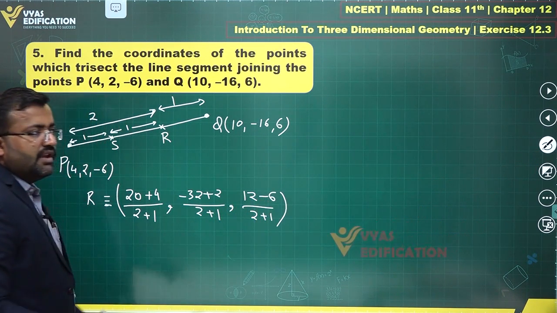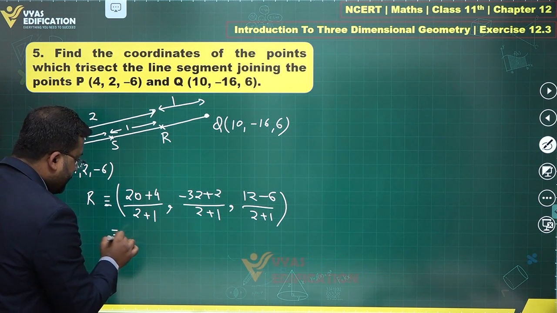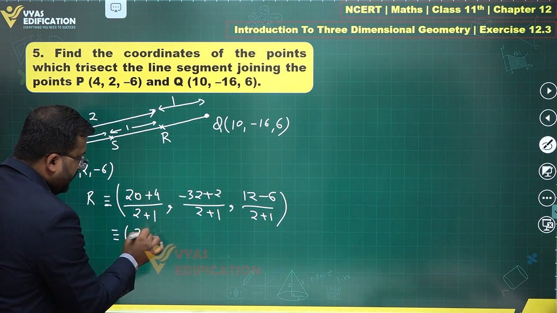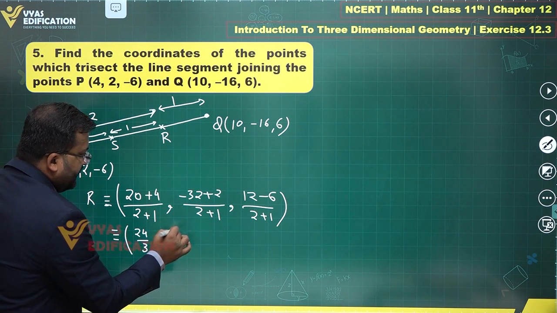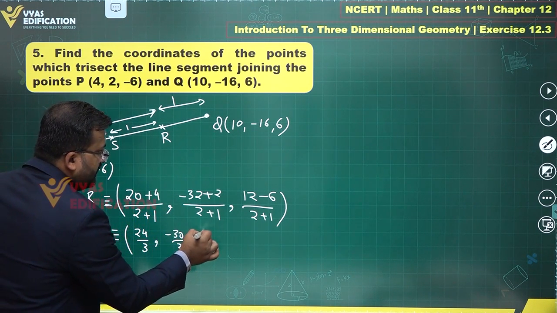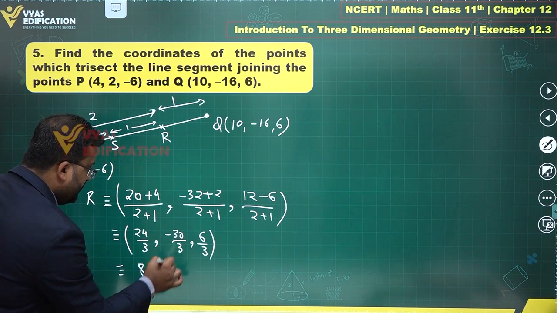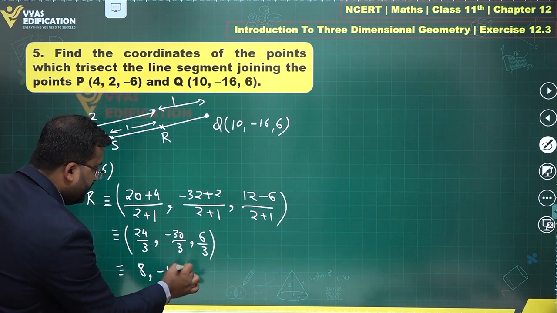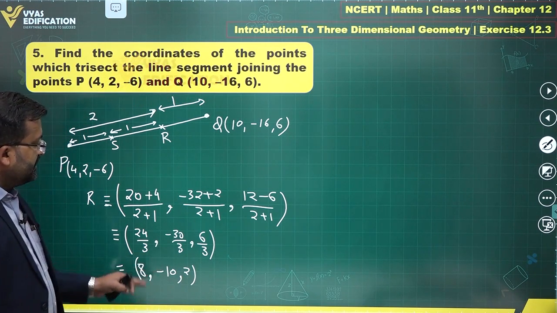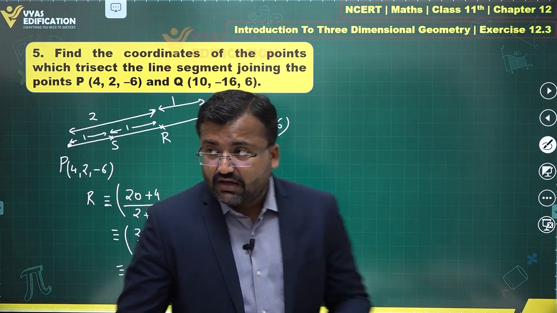This is what you get. So therefore, coordinates of R are 24 upon 3, minus 30 upon 3, 6 upon 3, that is (8, -10, 2). These are the coordinates of R.